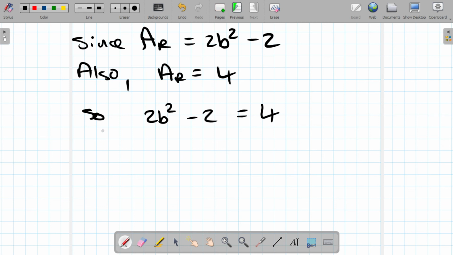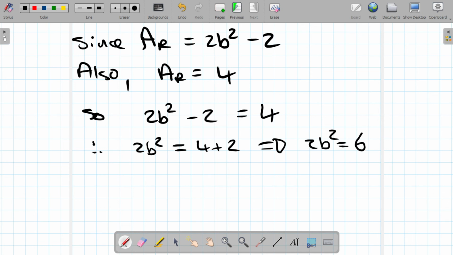So, solving for B, we get 2B squared equals 4 plus 2, right? You add 2 to both sides of that above equation. And adding 2 to the left-hand side gets rid of that minus 2. So this implies that 2b squared equals 6.